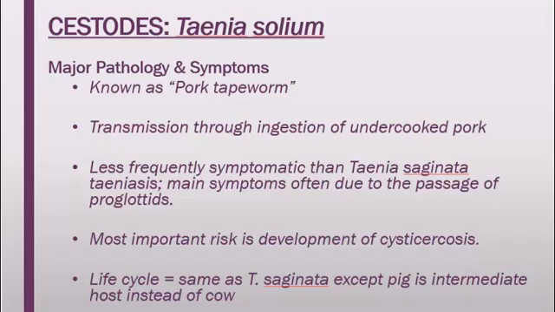The life cycle is the same as T. saginata. We looked at that life cycle a few slides back, and the pig was on there as well. So that's the main difference between saginata and solium, is that the pig is the intermediate host instead of the cow.